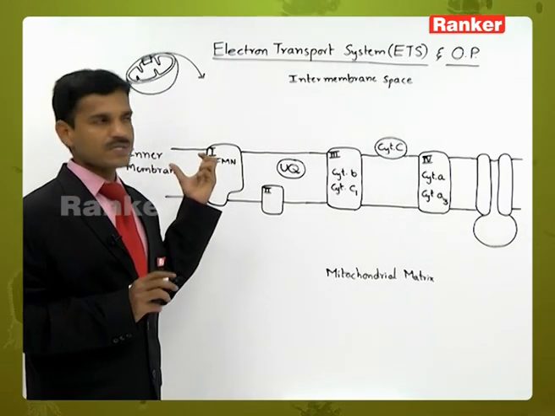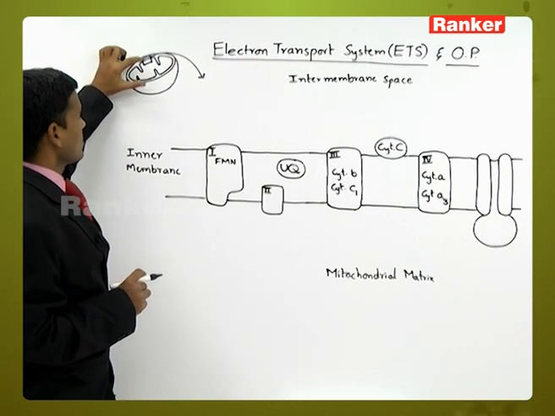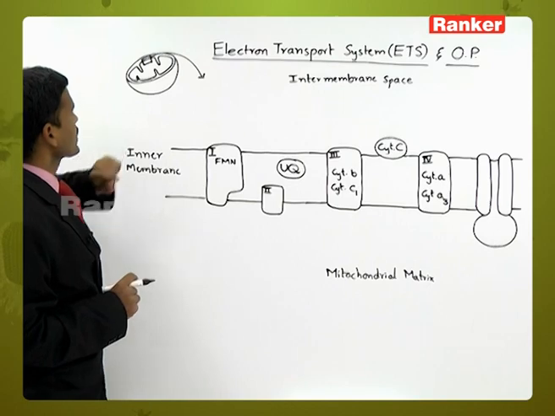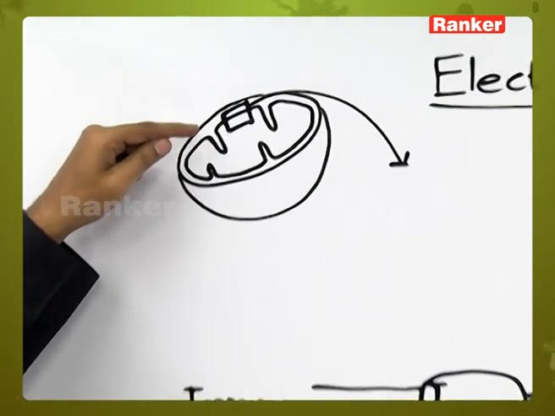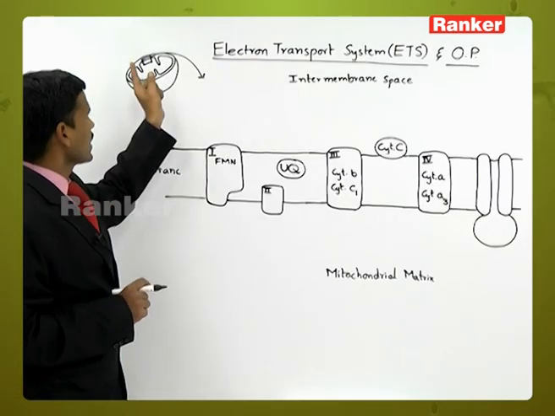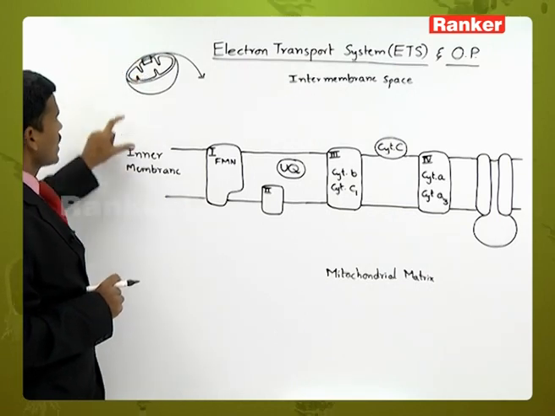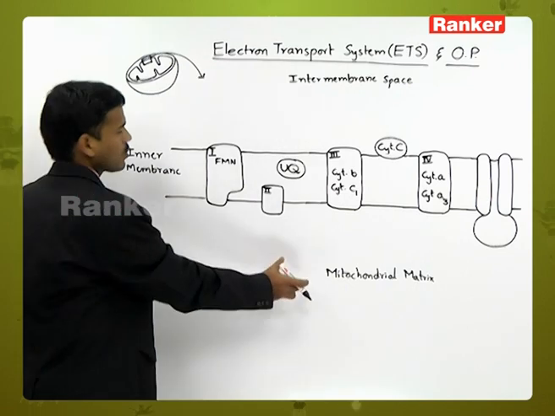The fourth step takes place in the mitochondrial inner membrane. Here it is the mitochondria. Between the outer membrane and the inner membrane, the space is called the intermembrane space. Inside the inner membrane, it is called the mitochondrial matrix.